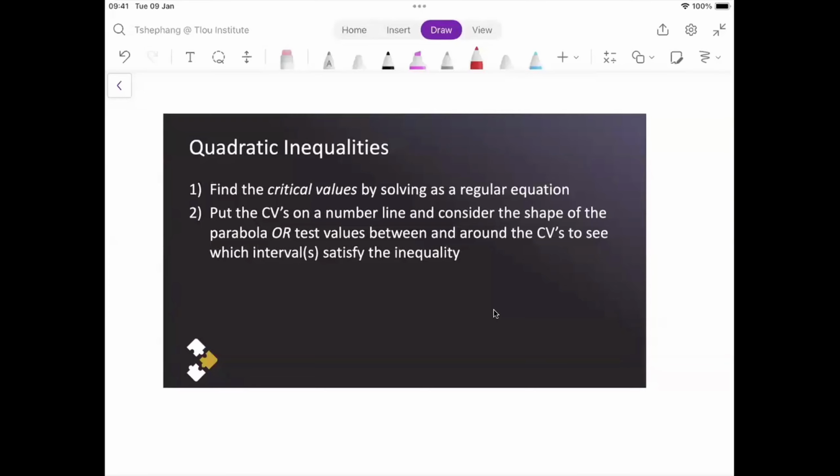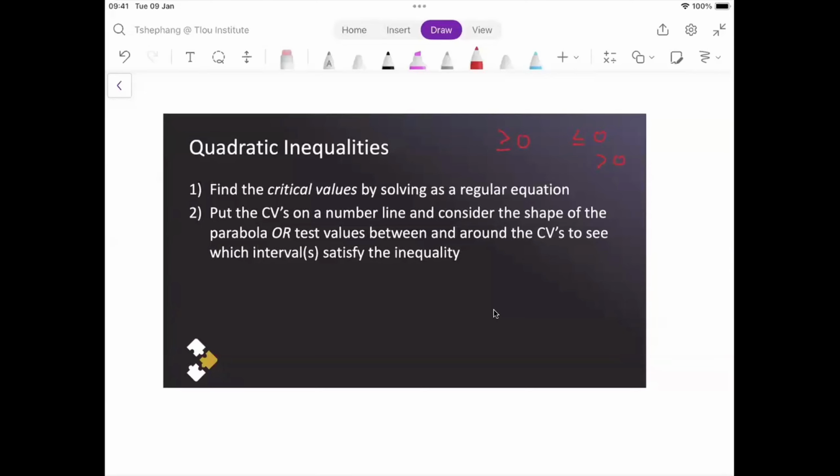So you imagine that the inequality sign, greater or equal, or whatever sign they gave you, is an equal sign, but you do not write that equal sign. It's very important that you don't write the equal sign. You write whatever they gave you, but you imagine it as an equal sign so that it's a simple equation that you can solve.